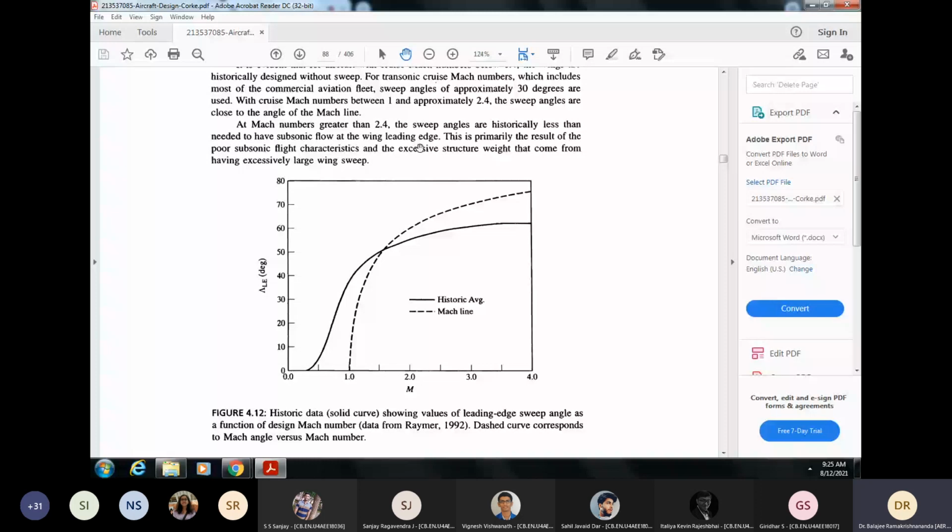This is the result of the poor subsonic flight characteristics and excessive structural weight that come from having excessively large wing sweep. So you may have to balance here also. If you have aerodynamics as the only goal, then you will have a problem with structures, so you make a compromise in aerodynamics in some cases. You can make use of this figure.